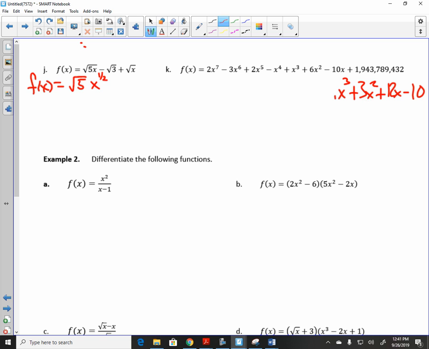The square root of 5 is the coefficient. Then it's x to the 1/2. You see that? You want to write a coefficient times x to a power, minus the square root of 3. Isn't the square root of 3 just a constant?